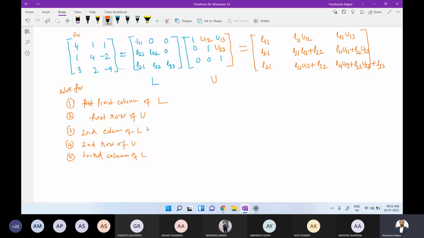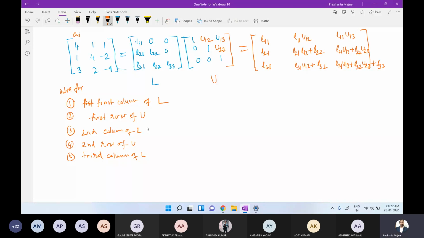If you keep changing the values of Aij, from that formula you will get a different L and a different U.